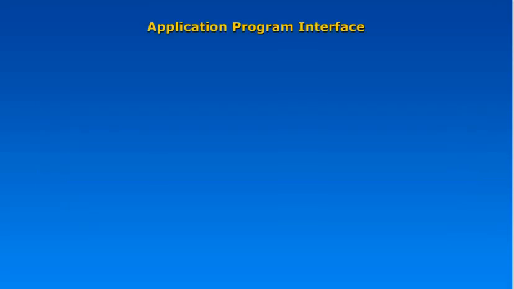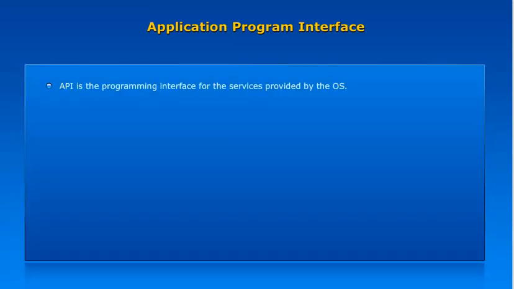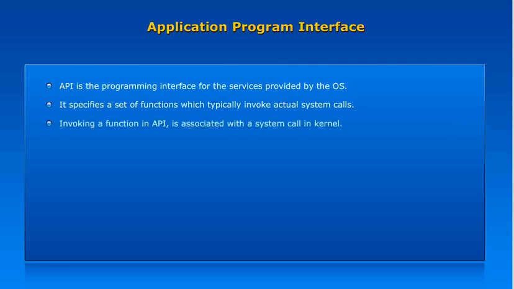Now, you will see Application Programming Interface in detail. API is a programming interface for the services provided by the operating system. It specifies a set of functions which typically invoke actual system calls. Invoking a function in API is associated with a system calling kernel.